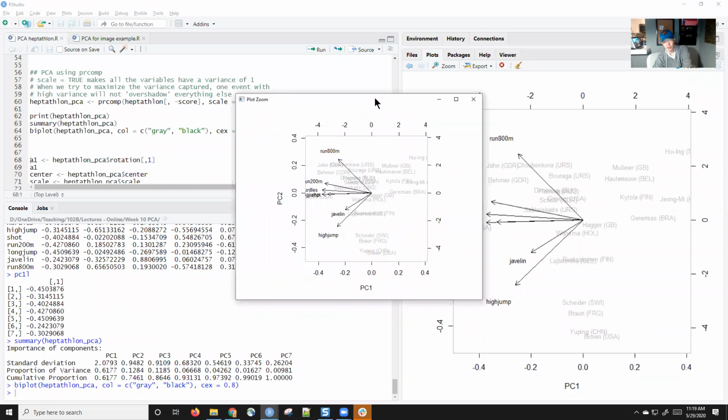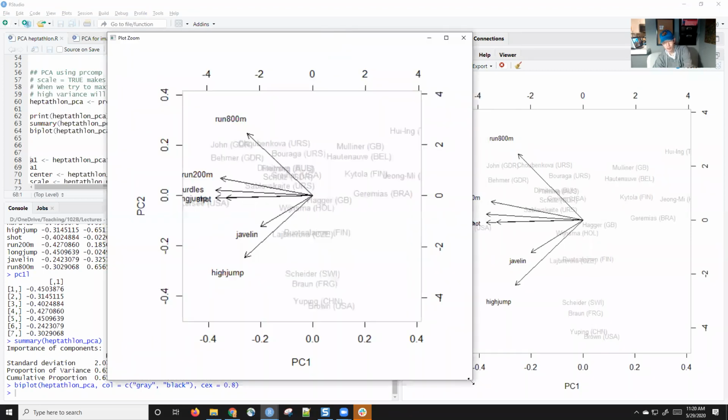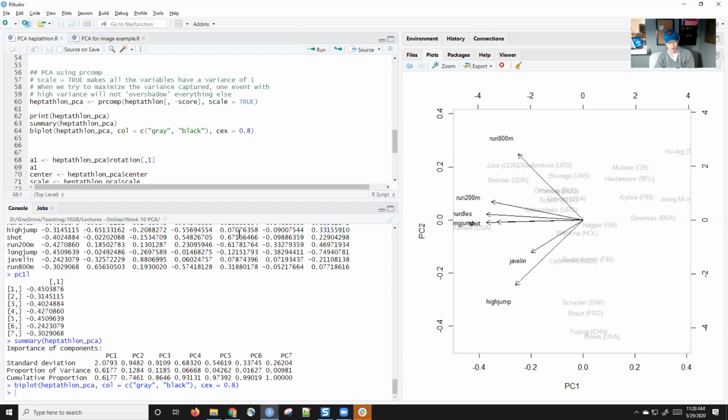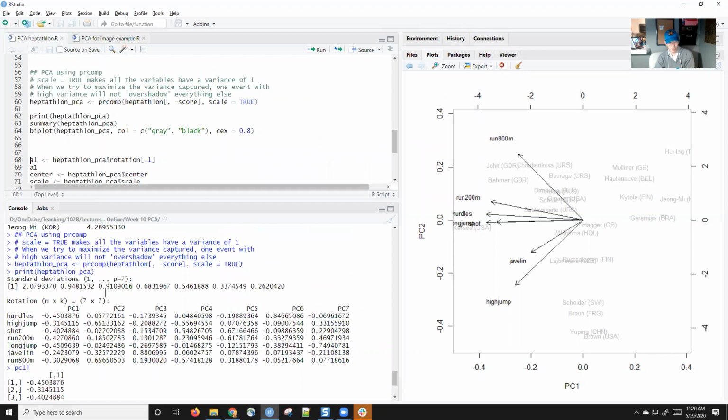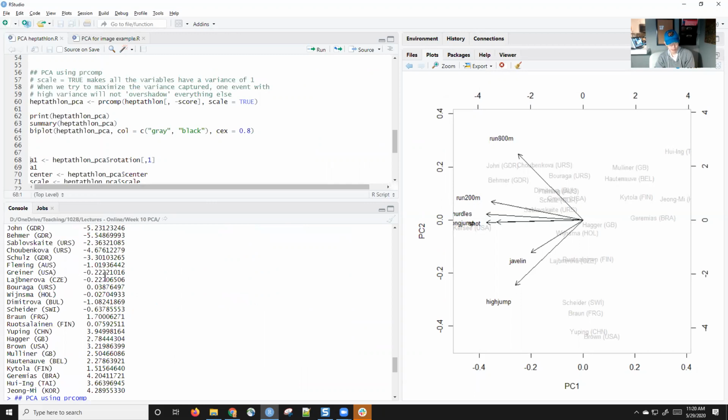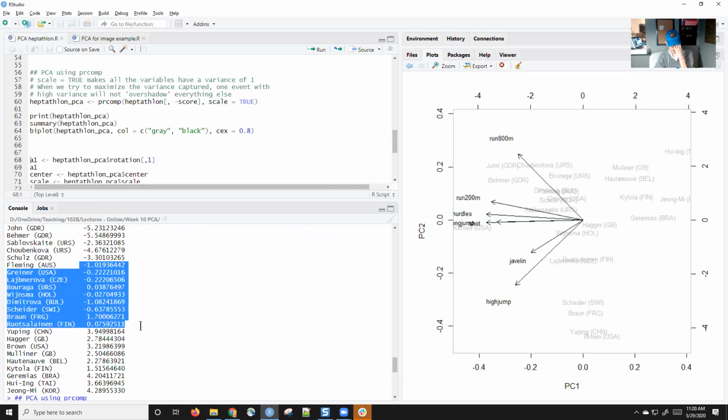And so, when you do your gold medal finish final rankings of the athletes, you're only looking at basically one dimension, right? You're going from best to worst, okay? But if you look at the values, as far as the principal component scores that we get, there's a lot of people in this middle range that have very, very similar scores to each other.